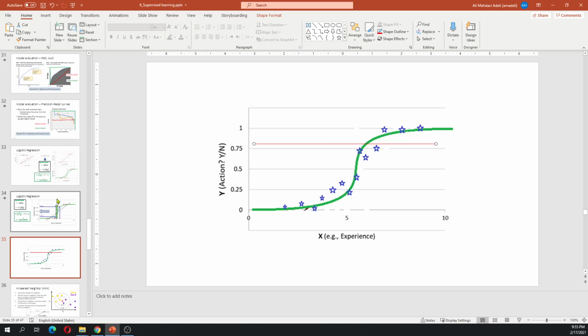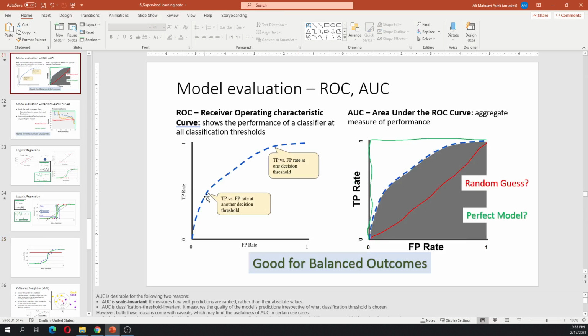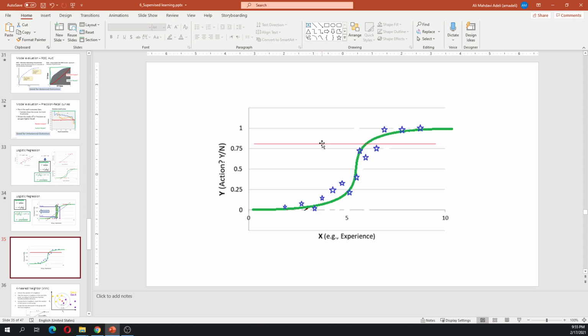So that's the threshold we're talking about here: the threshold for when to assign an observation to the 1 class based on its likelihood of belonging to it.